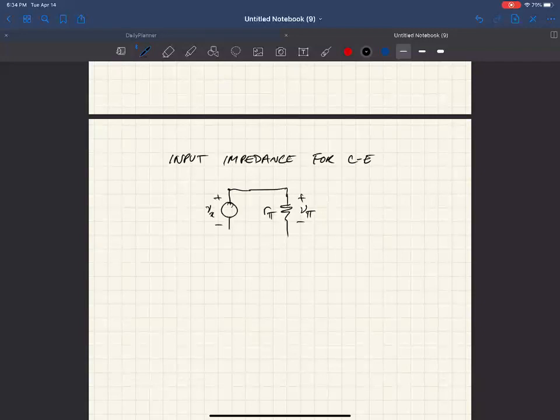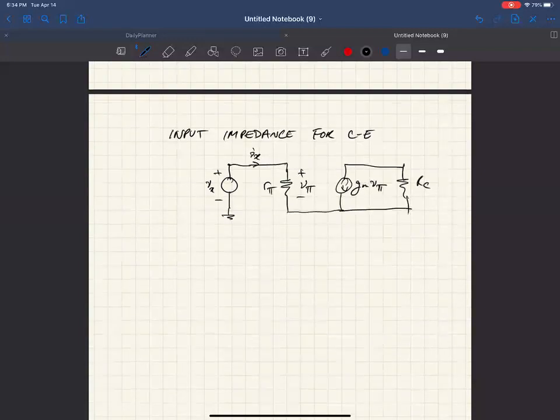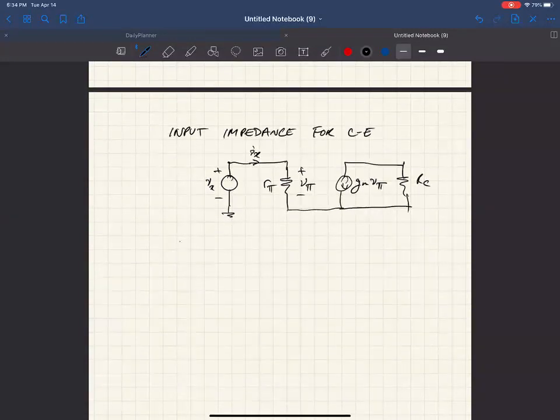Vx, that's our test voltage, and then we have our Ix, which we're interested in. And then gm V sub pi, R sub C. Okay, so basically Ix, if you look at this, is current supplied by the source, times R sub pi is V sub pi, but then V sub pi is just equal to V sub x.